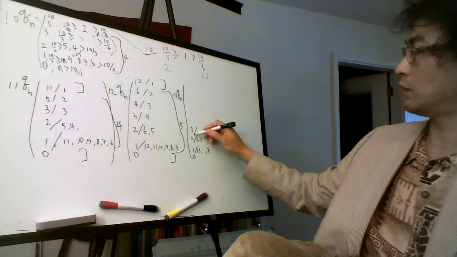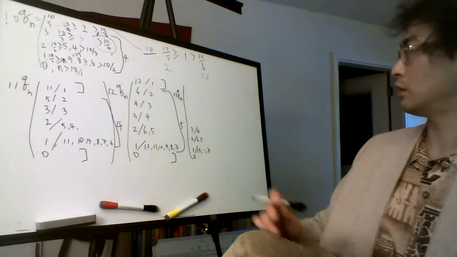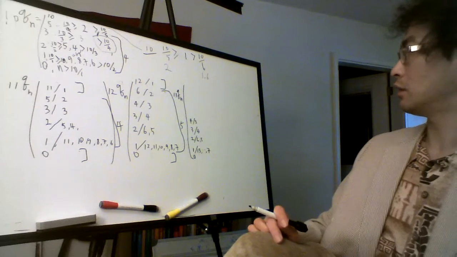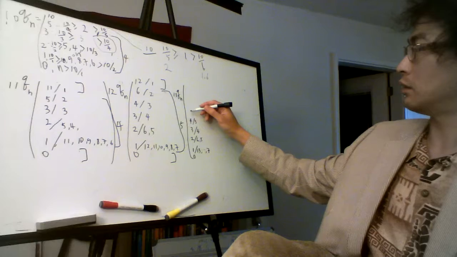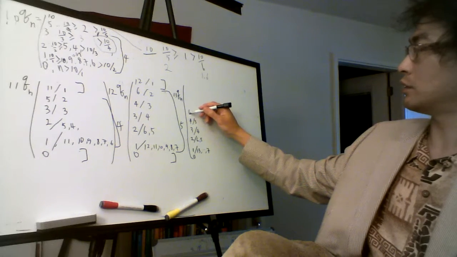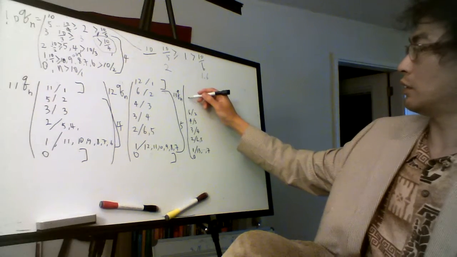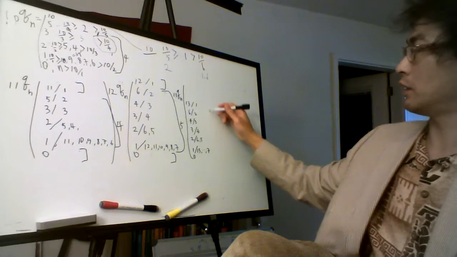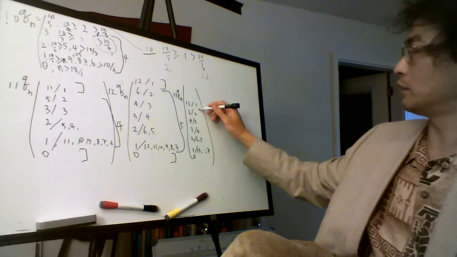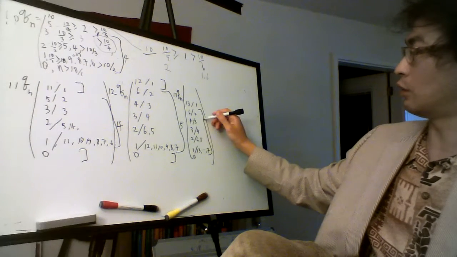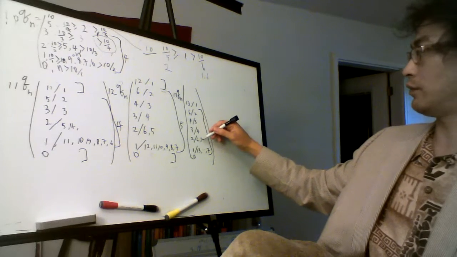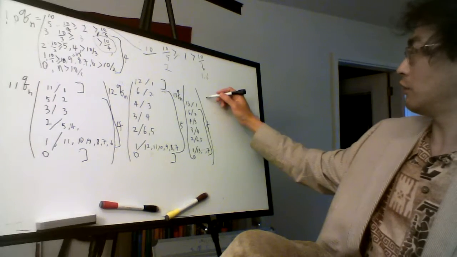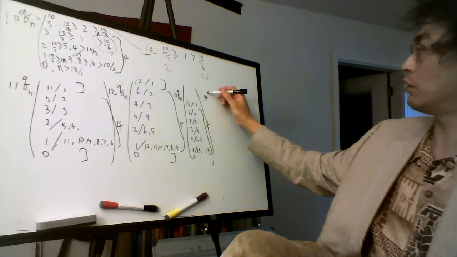Quotient is 3 when we divide by 4. Quotient is 4 when we divide by 3. Quotient is 6 when we divide by 2. Then we jump, and quotient is 13 when we divide by 1. So how many middle group rows? 1, 2, 3, 4, 5. We'll do one more.